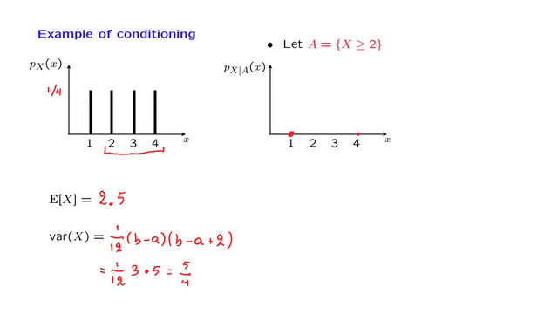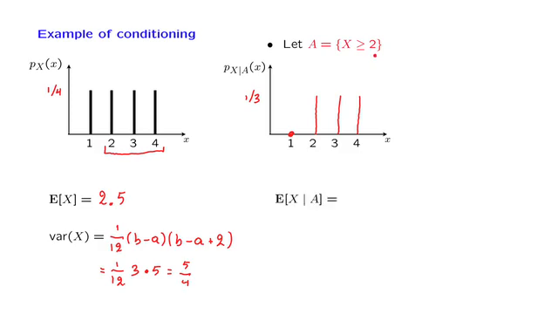What are their conditional probabilities? Well, these three values had equal probabilities in the original model, so they should have equal probabilities in the conditional model as well. And in order for probabilities to sum to 1, of course, these probabilities will have to be 1/3. So this is the conditional PMF of our random variable given this new or additional information about the outcome.